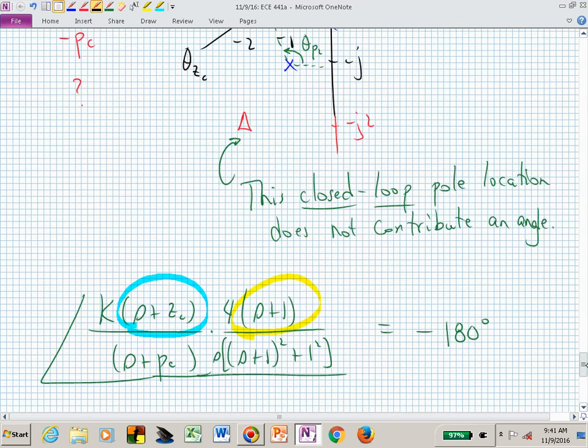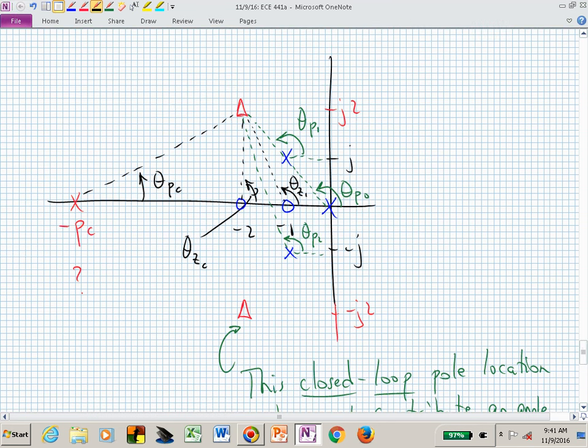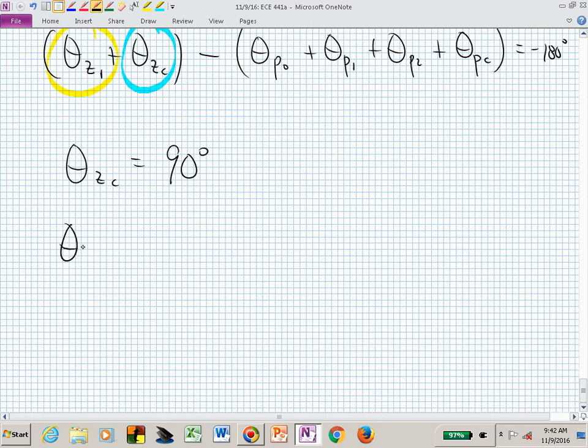What is theta sub z sub 1? Now I like to deal with angles that are less than plus and minus 90 degrees, or acute angles, meaning I might find the angle of theta sub z sub 1 by taking 180 and subtracting this acute angle, because I can calculate that using trigonometry more easily. So now theta sub z sub 1 is 180 degrees minus an angle that has a tangent, or the inverse tangent.